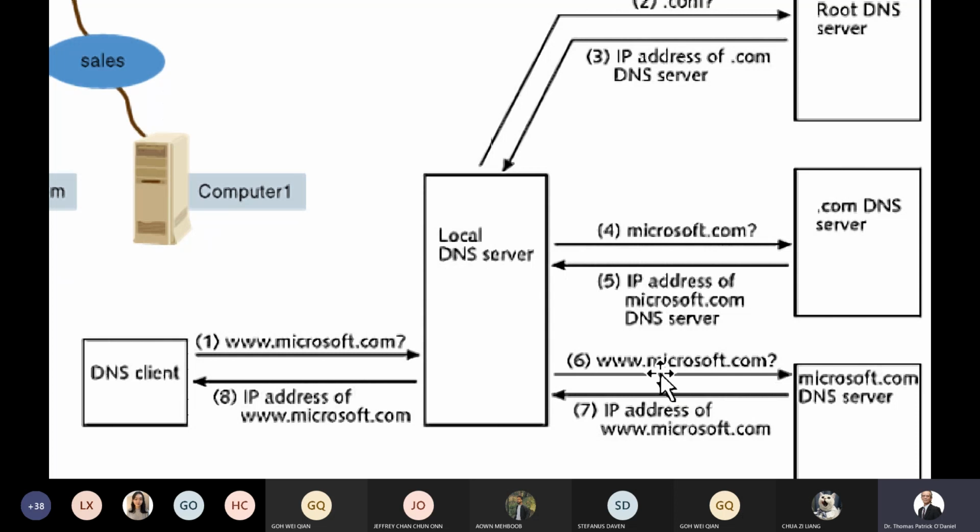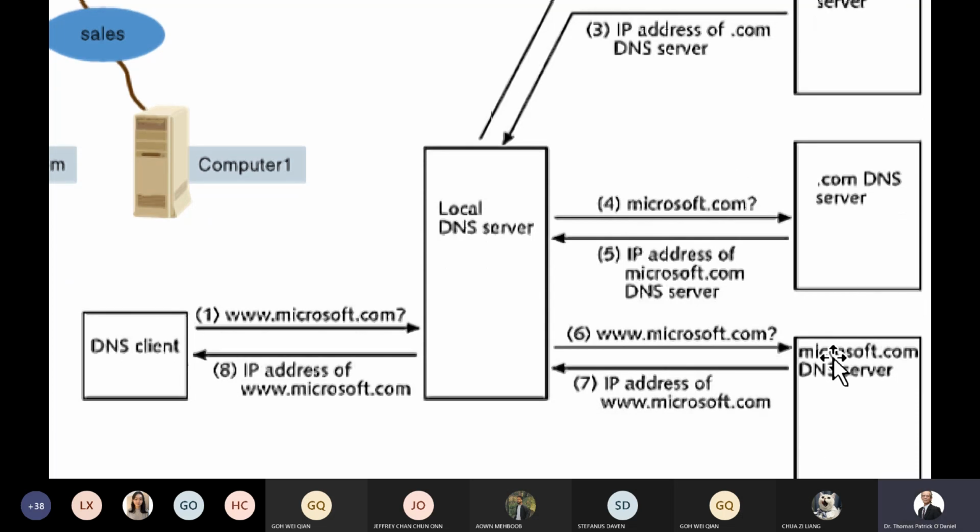And then there's a third one that says, all right, Mr. Microsoft.com server, tell me an IP address for www.microsoft.com so I can slide that into the destination address of my IP part of the packet, along with my own IP address from DHCP as the source part.